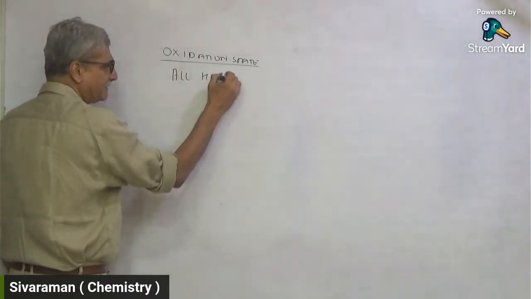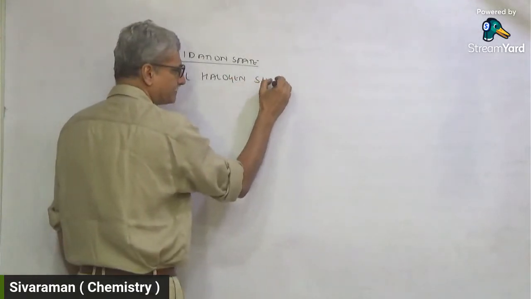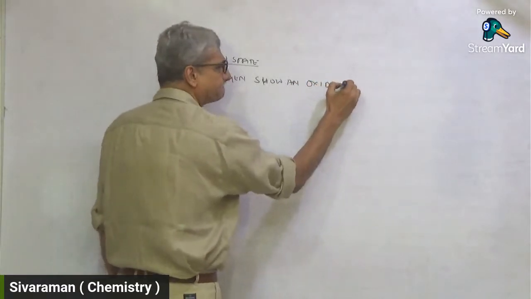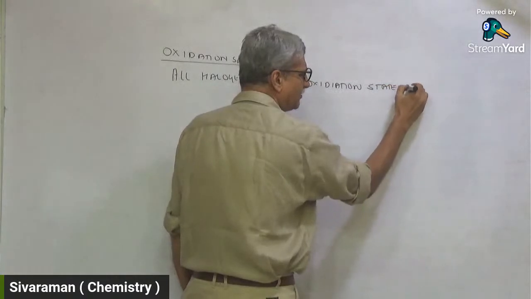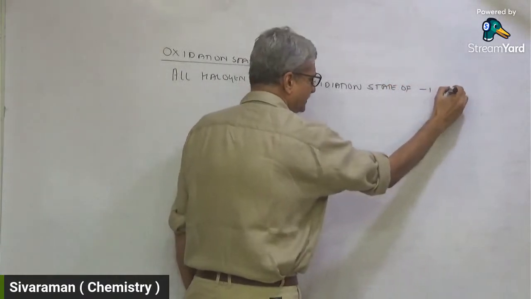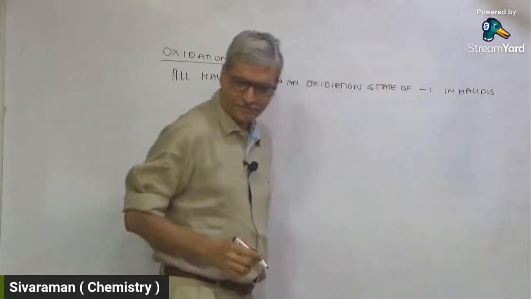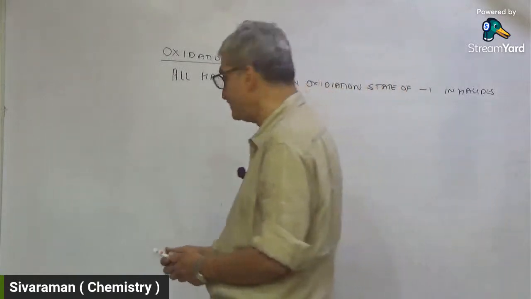All halogens show an oxidation state of -1 in halides.